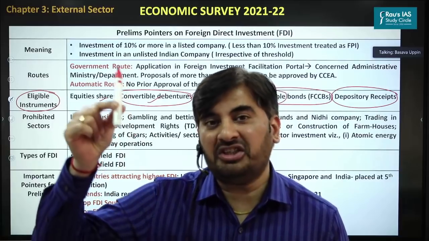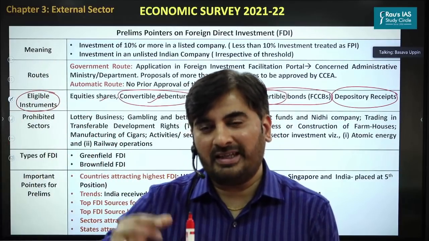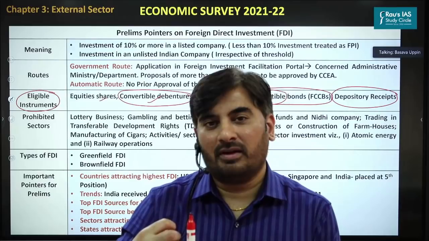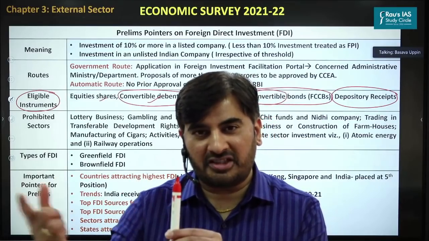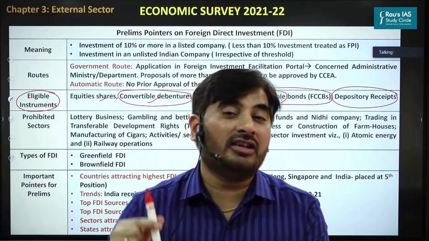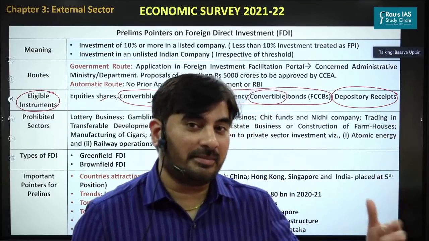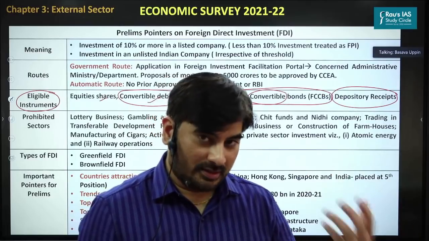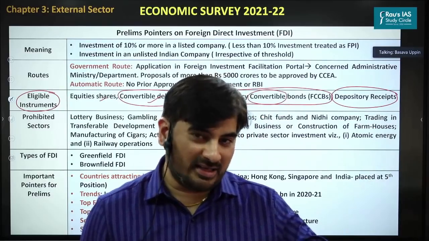So by issuing shares in the USA or in other countries, if this company is raising share capital, the instrument through which this Indian company is raising share capital from other countries, we call them what? Depository receipts. So depository receipts are the instruments through which Indian companies raise share capital from other countries.